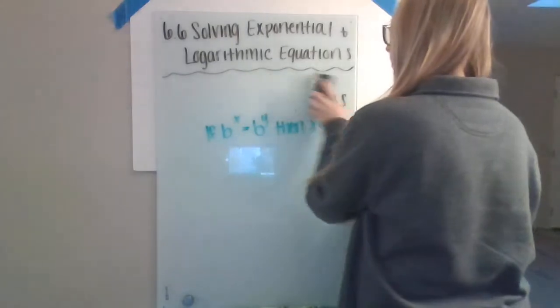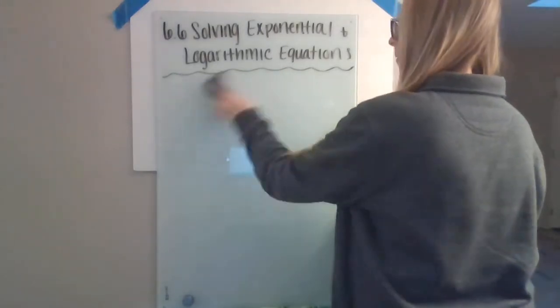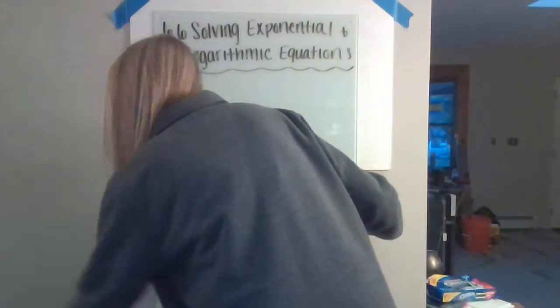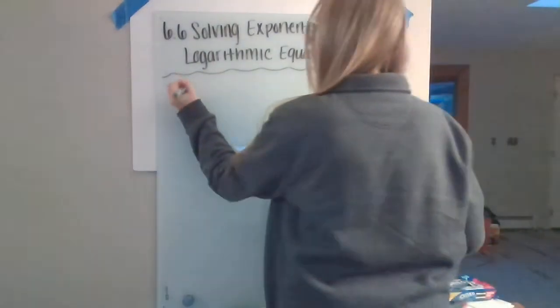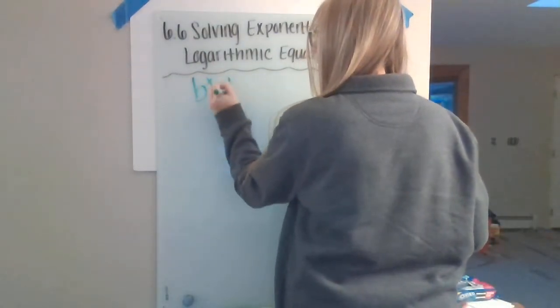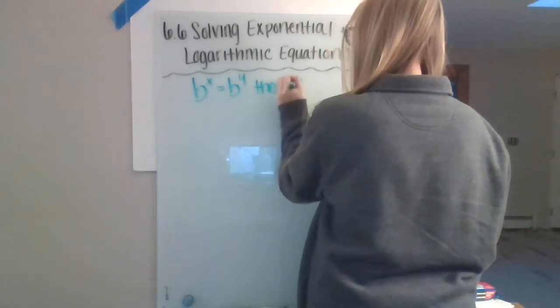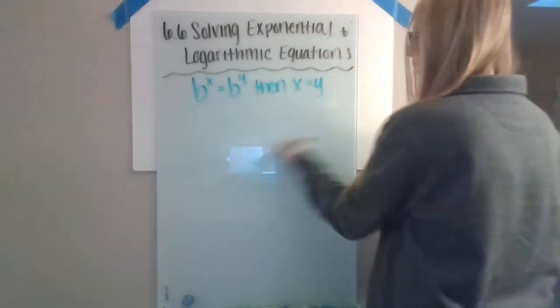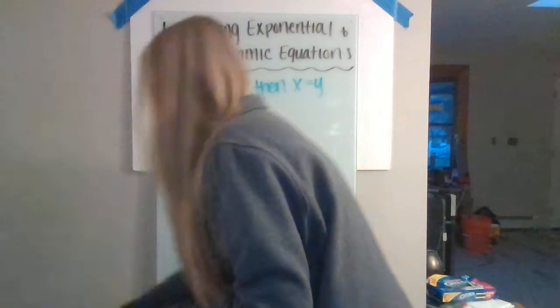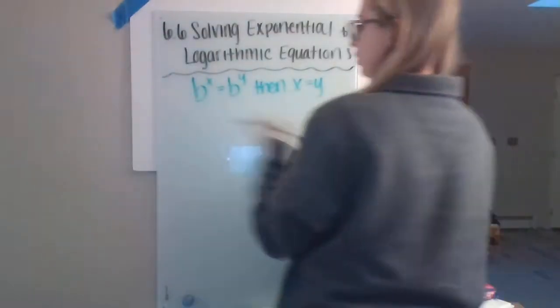So I am actually going to erase this. I'm going to rewrite the rule at the top, just so we can keep it there. All right, so we're going to solve the equations.